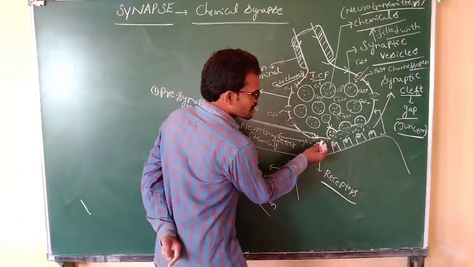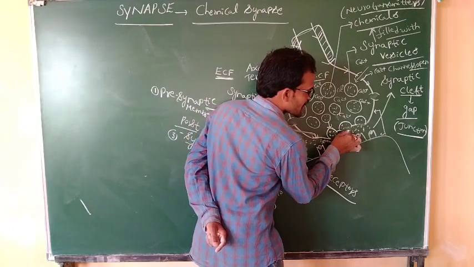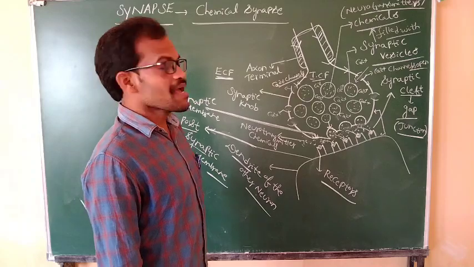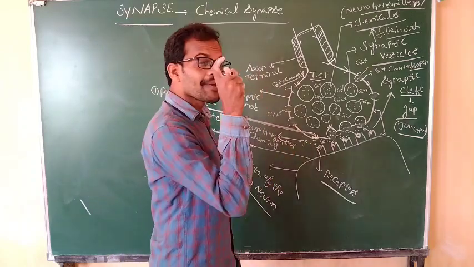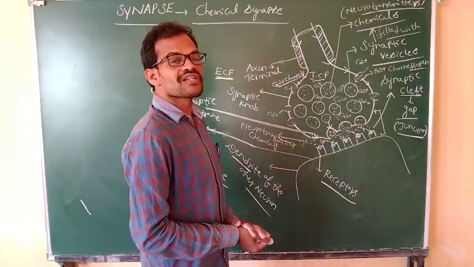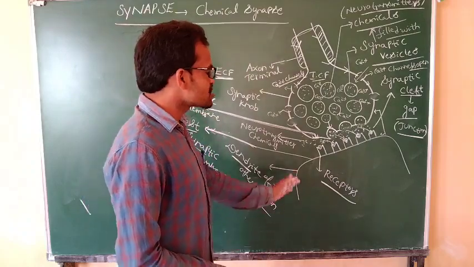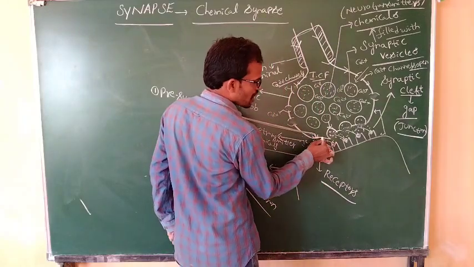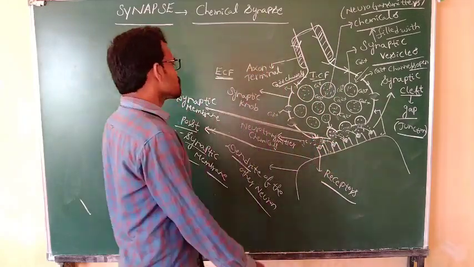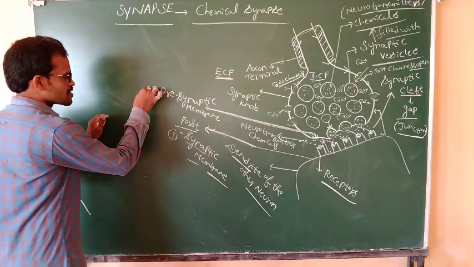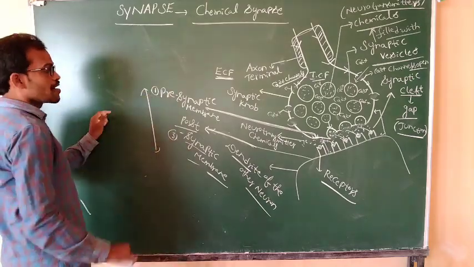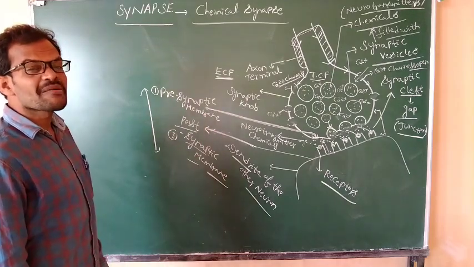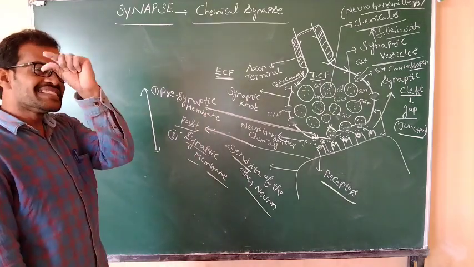These chemicals bind with the neurotransmitter receptor. Whenever these acetylcholine chemicals bind with the receptor, the signals are passed to the other neurons. For example, this neuron's presynaptic membrane, synaptic cleft, and postsynaptic membrane are known as a synapse.